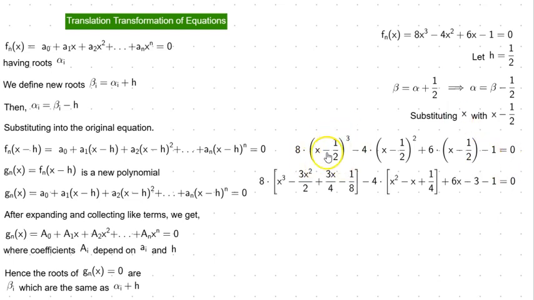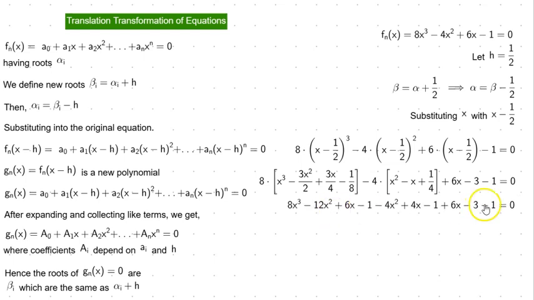Now let's expand this cubic term and the square term. We get 8 times (x cubed minus 3x squared by 2 plus 3x by 4 minus 1 by 8) minus 4 times (x squared minus 2 times x times 1 by 2, which is minus x, plus 1 by 4) plus 6x minus 3 minus 1 equal to 0.